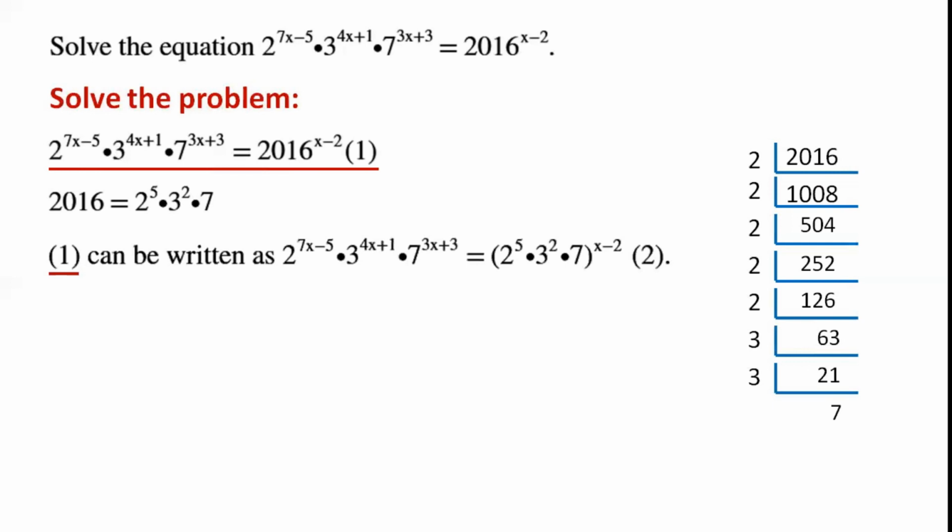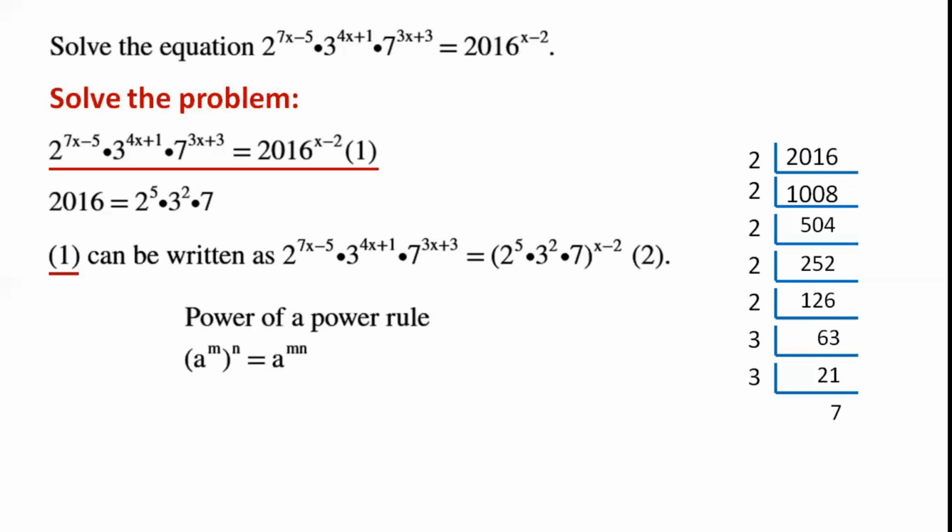Equation 1 can be written as 2 to the power of 7x minus 5 times 3 to the power of 4x plus 1 times 7 to the power of 3x plus 3, which is equal to 2 to the power of 5 times 3 to the power of 2 times 7, all to the power of x minus 2.